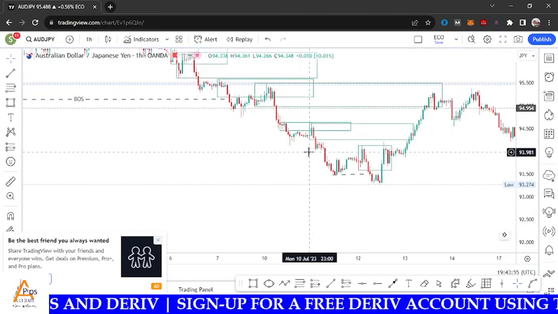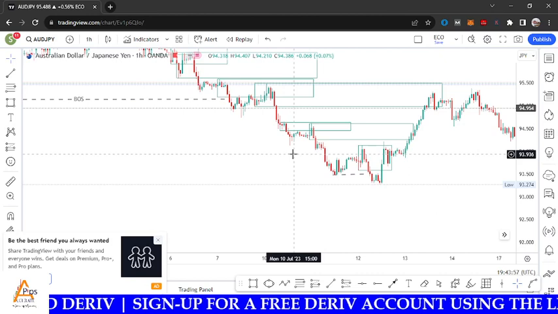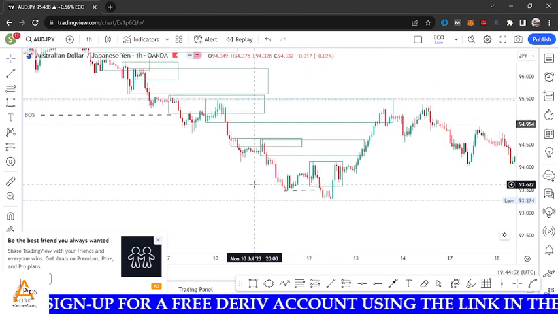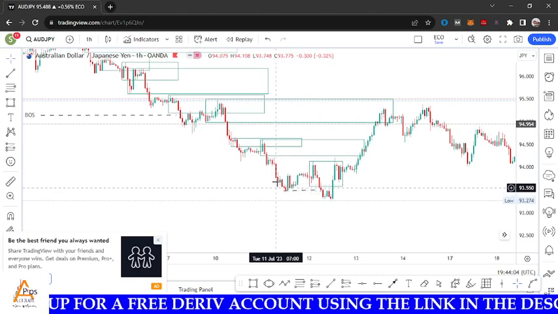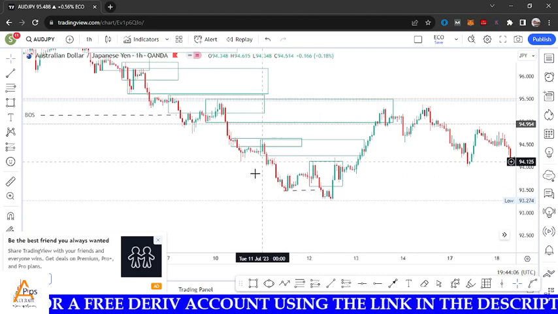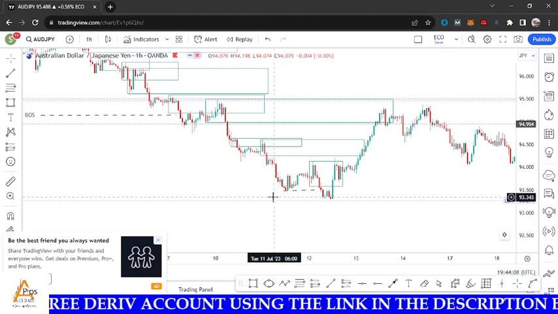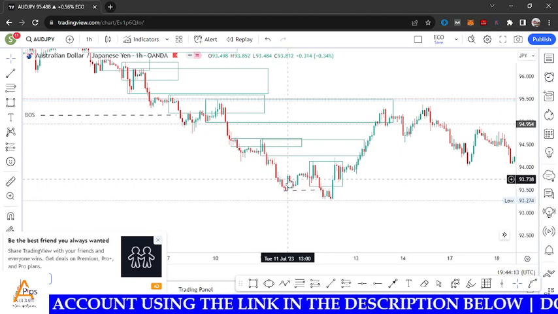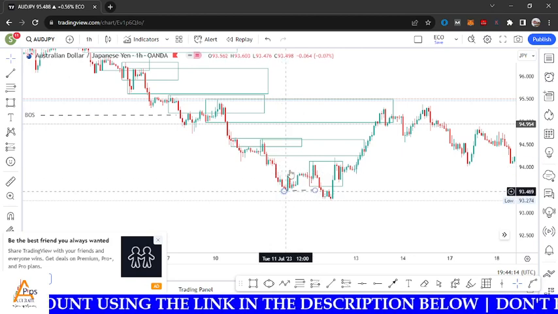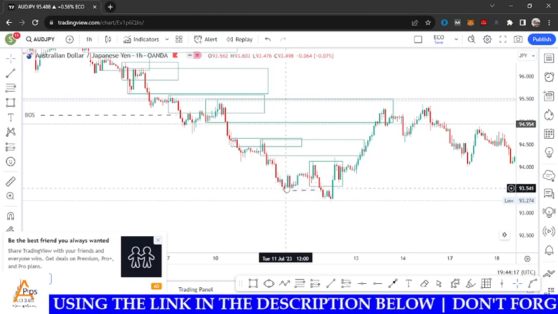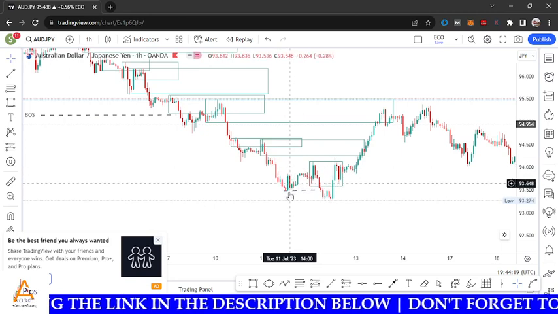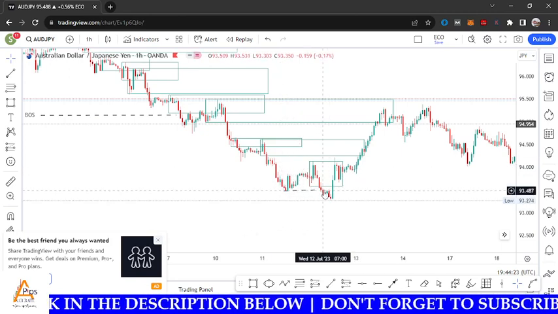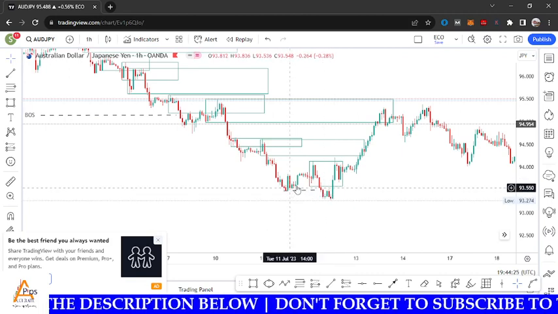So I'm trying to find our recent lower high to know where the change of character has occurred. So here, let me see. Okay. So this move here is a valid pullback.